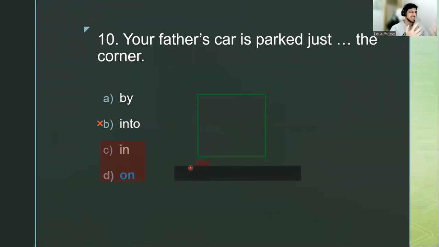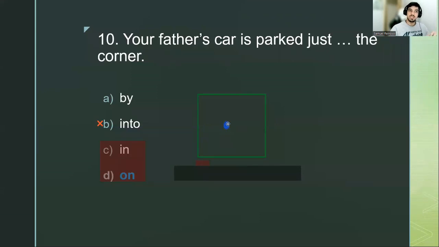So can't we say in the corner? Yes, we can. We can use in the corner, but not here. Why? In and on explain 2 different points of view of the same place. Let me show you. Let's imagine that in this building, there is a person, and this person is inside the building.